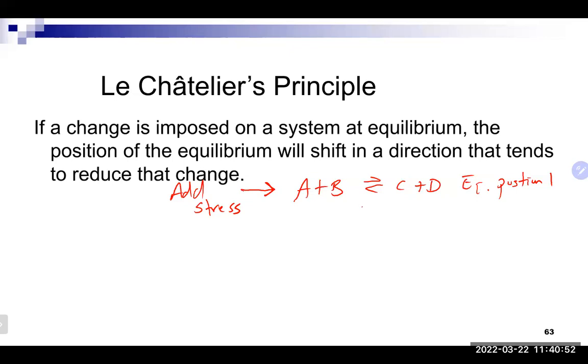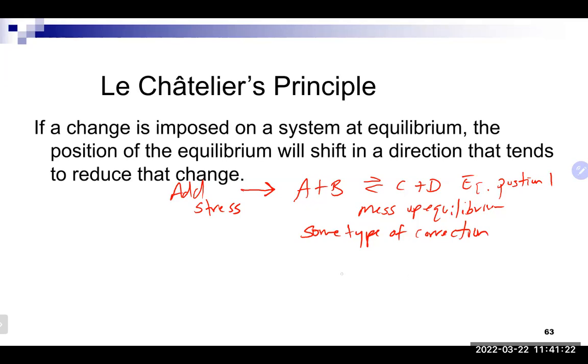And when it messes up the equilibrium, the reaction itself is going to want to correct itself to get back to the equilibrium position. So there's going to be some type of correction for that reaction to return to an equilibrium state of the forward reaction and the reverse reaction equaling each other.